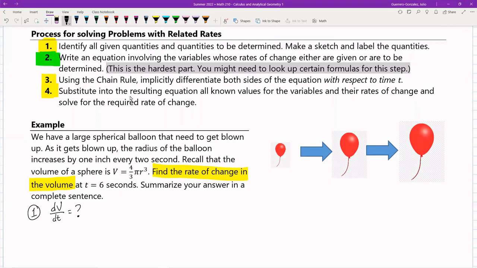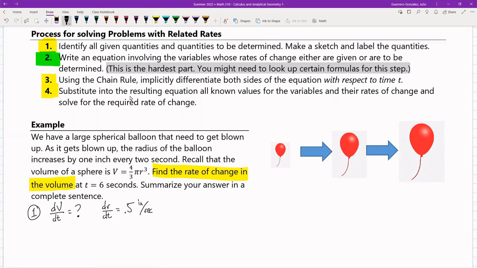We have one more value here. We have dr over dt, so the rate of change in the radius. That was 1 inch every 2 seconds, or equivalently 0.5, and I'm going to write the units here, inches per second.